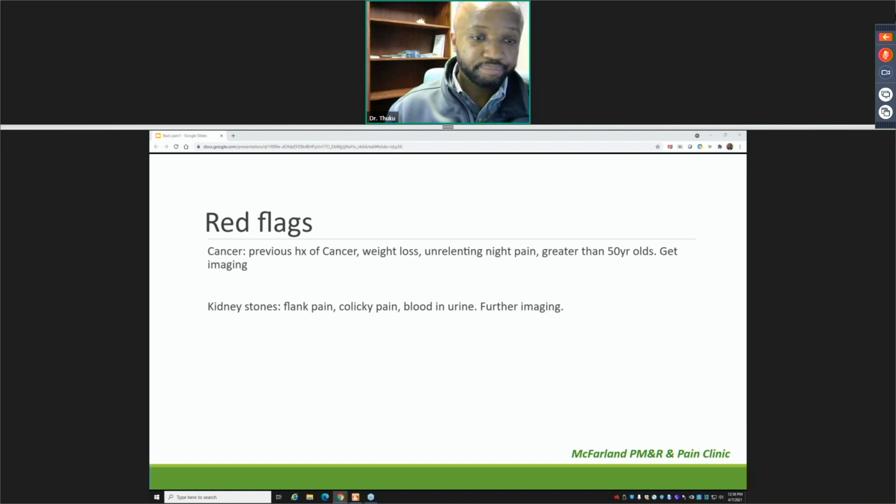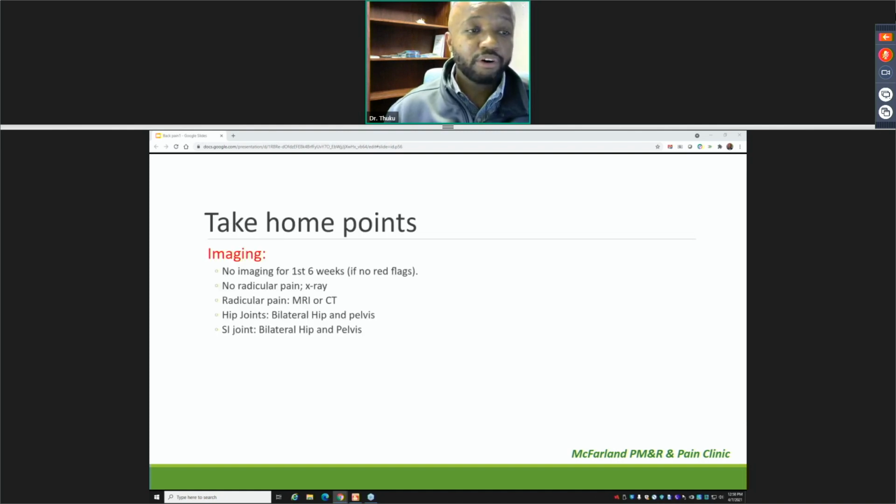Now, the major take-home points here are, if the patient does not have radicular pain, sometimes it's okay to refer them to specialists with just the X-ray, or if they have radicular pain, an MRI or a CT is essential, because most likely that will tell what level or what kind of disc disease or stenosis they have.